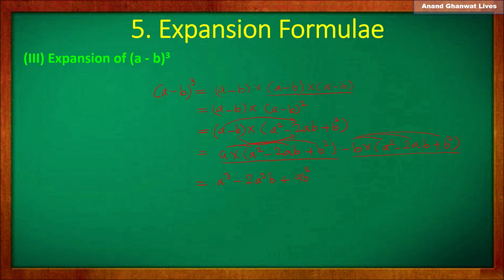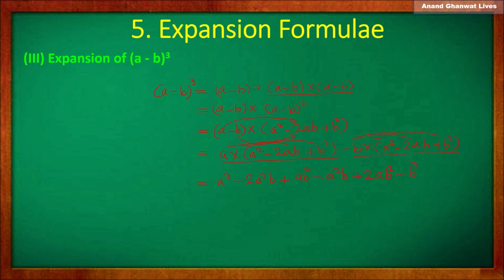Now you are multiplying with negative b, so be careful about the signs. So negative b multiplied by positive a square, that is negative a square b. Negative b into negative 2ab, that is positive 2ab square. Negative b into positive b square, negative b cube.